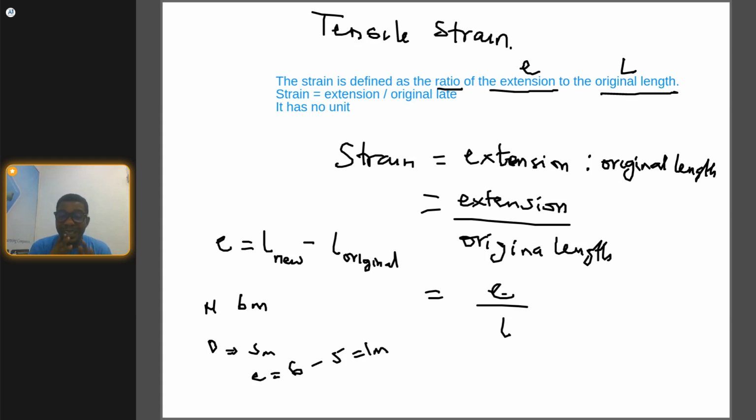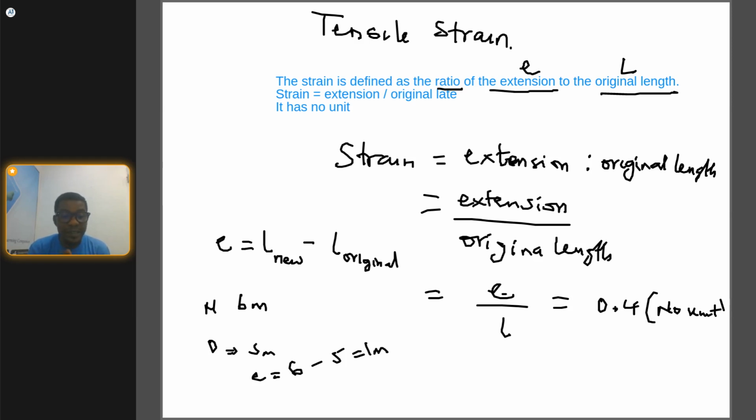Take note, the tensile strain does not have a unit. So if I solve this, my answer can just be 0.4, and that is all. There will not be units. Let me write in bracket, no units. Anytime you solve a tensile strain question, there are no units.